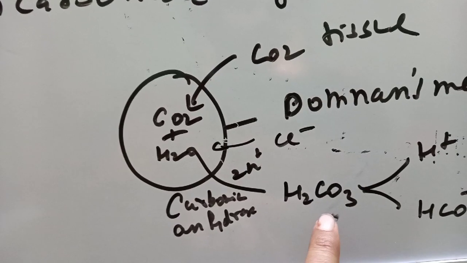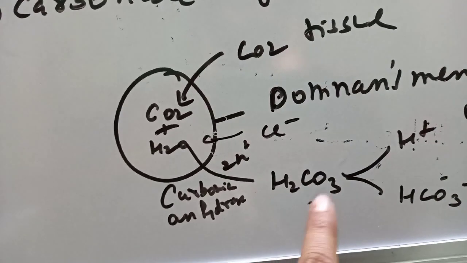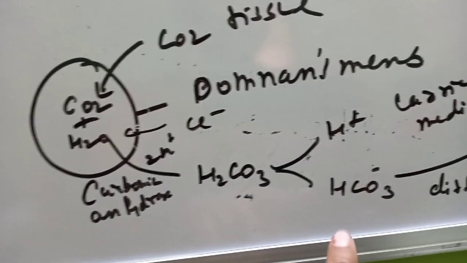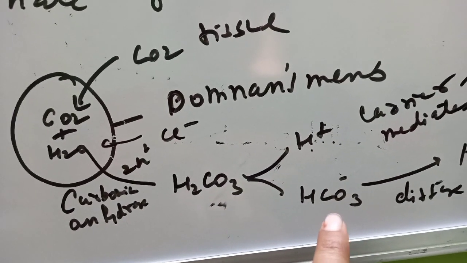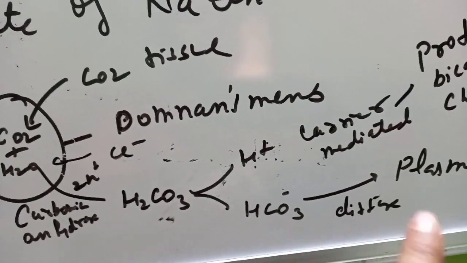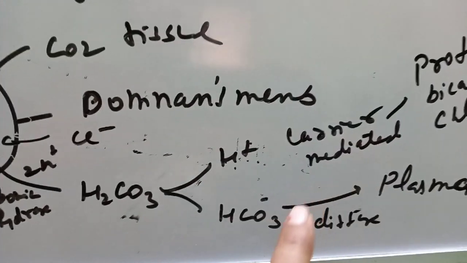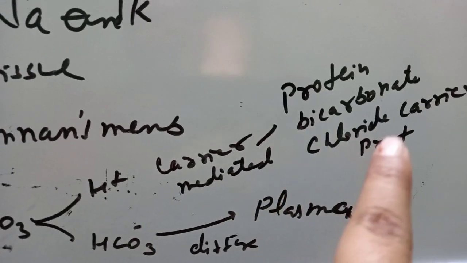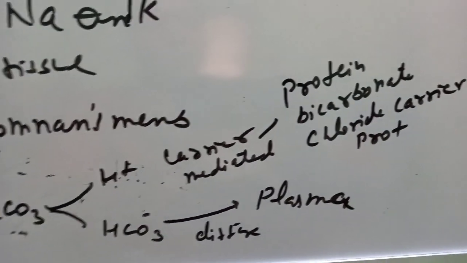This carbonic acid diffuses into the plasma and dissociates into H+ and HCO3- ion, and this diffusion is mediated by a protein called bicarbonate chloride carrier protein.